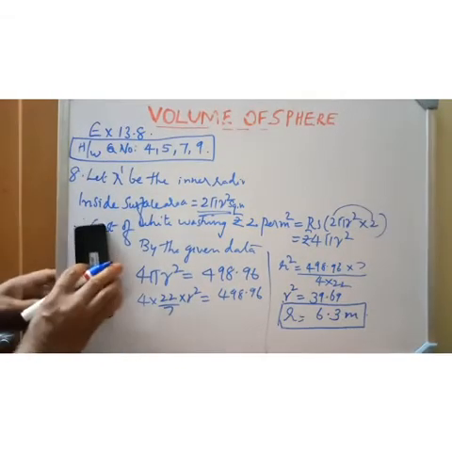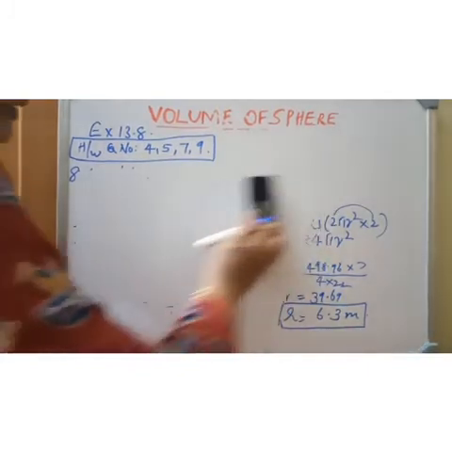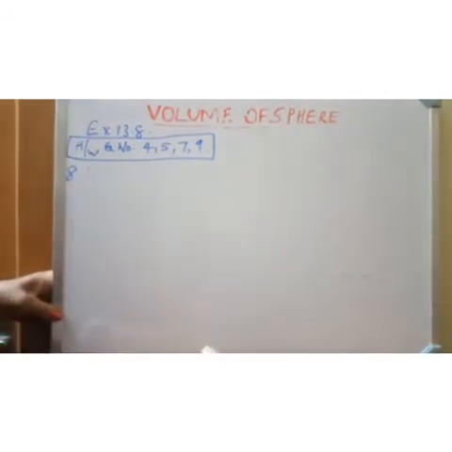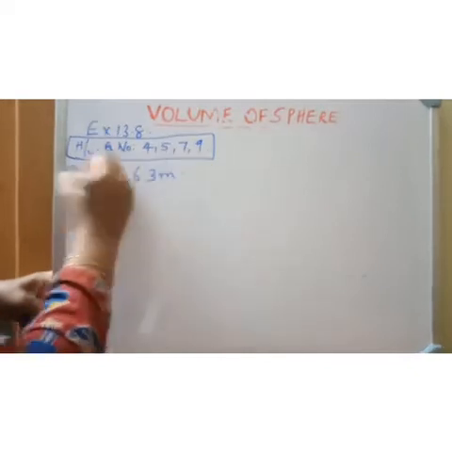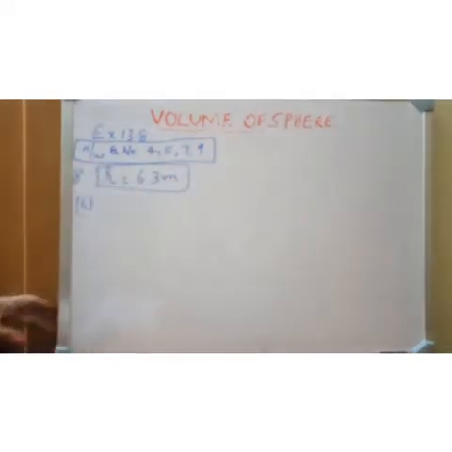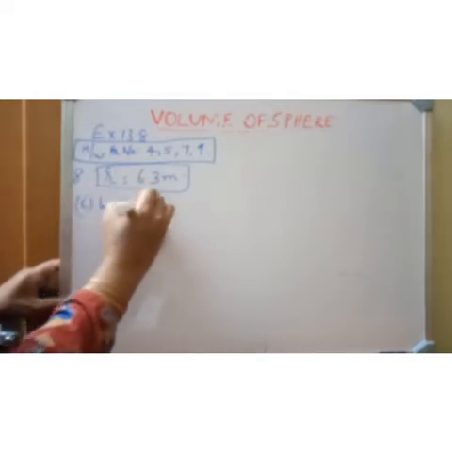Okay. So from this calculation we got the value for r as 6.3 meter. Using this r value, first part of the question, inside surface area of the dome.